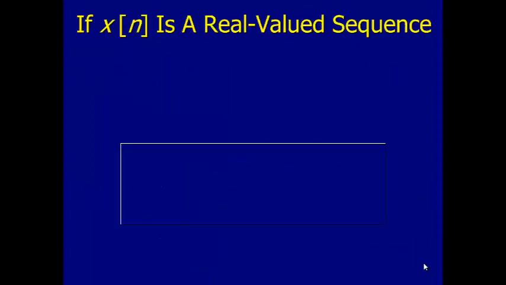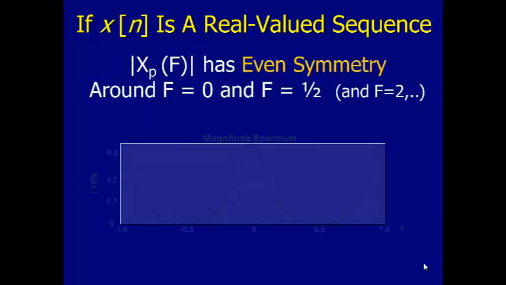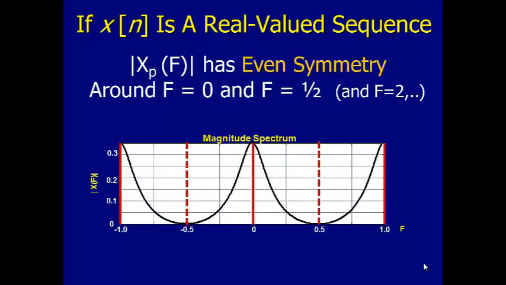Now, some interesting consequences. Some of the same symmetry properties that the continuous time Fourier transform had, the discrete time transform also has. Namely, if your time sequence that you're transforming has all real values, no j's in any of the sample values, and that's pretty much all signals we're going to get from the real world, then your discrete time Fourier transform is again going to have even symmetry around f equals 0, just like the continuous time transform did.